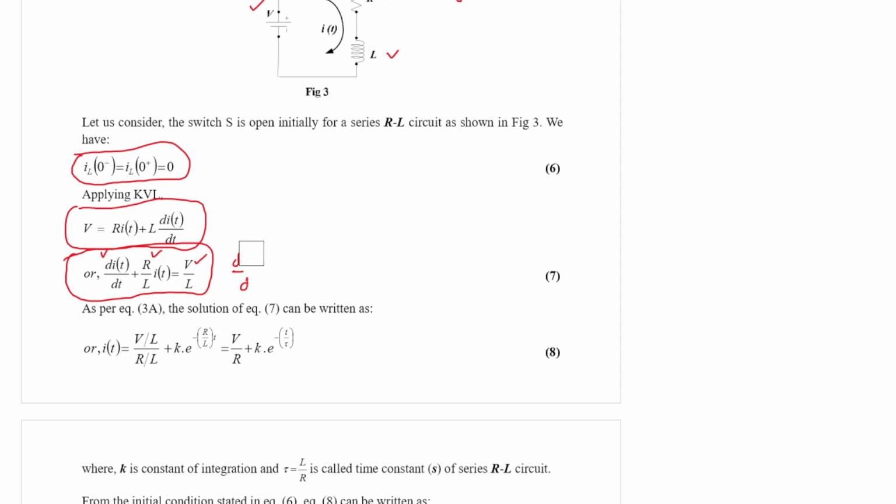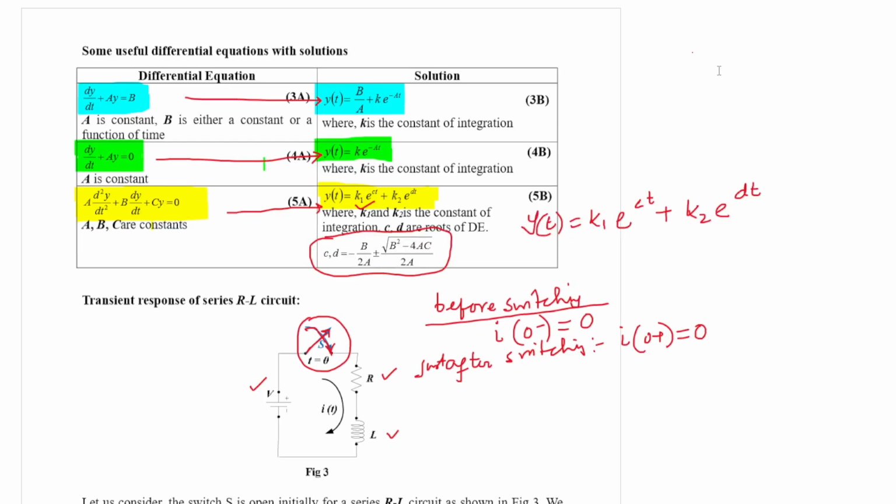This differential equation 7 has the form di/dt plus a i is equal to b, that is differential equation 3a of this type. So immediately you can write its solution.